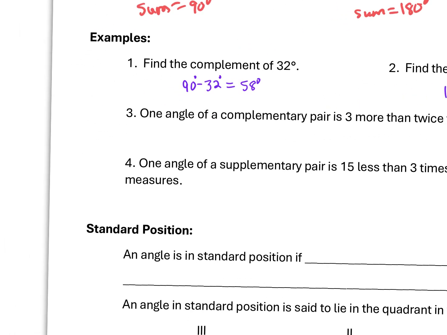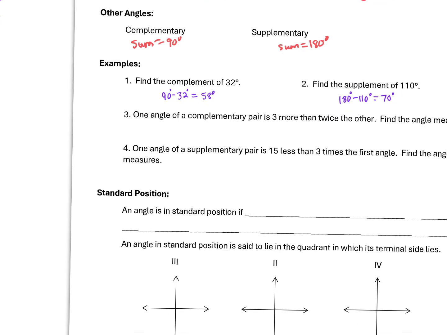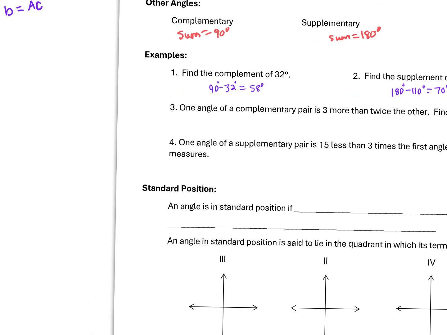Everyone's favorite thing, word problems. Let's look at these examples. So it says one angle of a complementary pair, so that would be equal to 90 degrees. So we have two things adding together to 90.